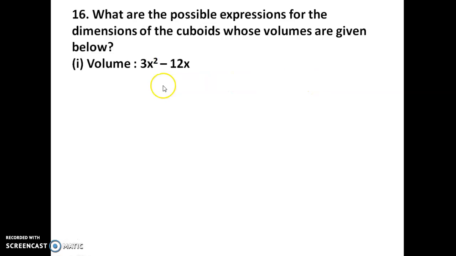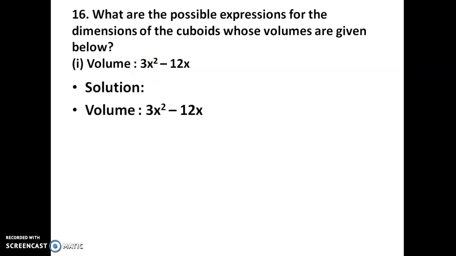In order to factorize, first we see that, unlike the previous problem, we can't do splitting of middle terms here. We don't have a constant here. So we have to think of something else. Here we can see that both terms are multiples of 3, so we can take 3 outside this expression.